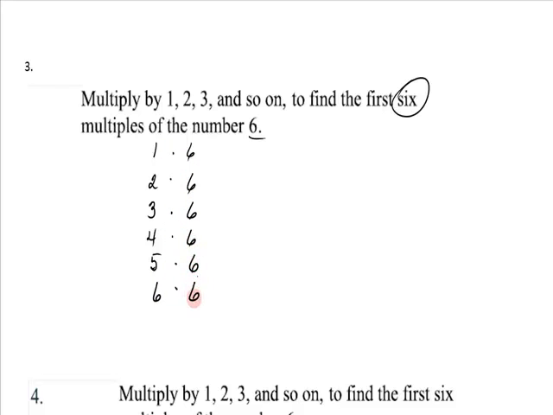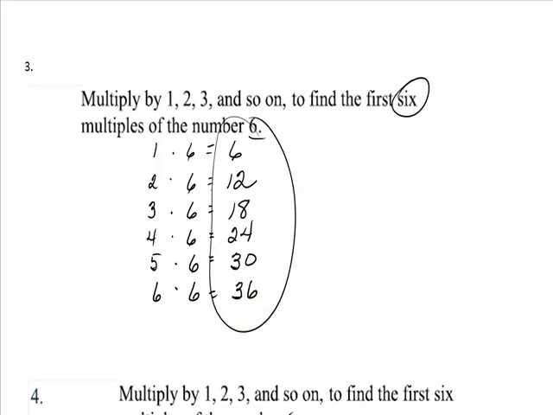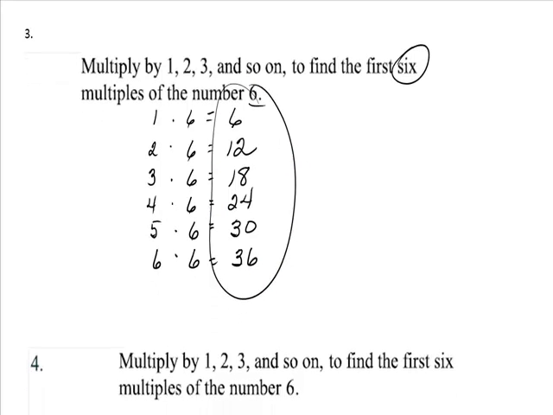I know my 6s, so this shouldn't be bad. 1 times 6 is 6. 2 times 6 is 12. 3 times 6 is 18. 4 times 6 is 24, 5 times 6 is 30, and 6 times 6 is 36. So there are your first 6 multiples of the number 6, counting by 6s.